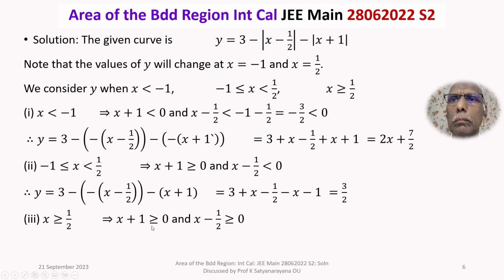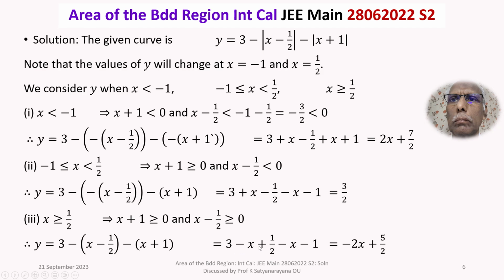So both are positive. Therefore, replace mod of x plus 1 by just x plus 1 and mod of x minus 1 by 2 by just x minus 1 by 2. Take care of the minus, be careful. So substitute and simplify, we will get y equals minus 2x plus 5 by 2.